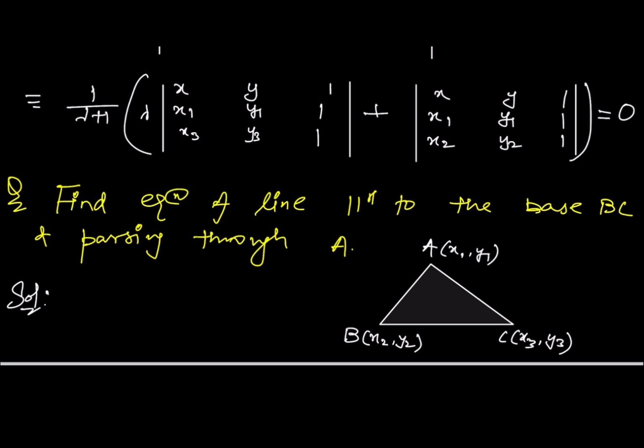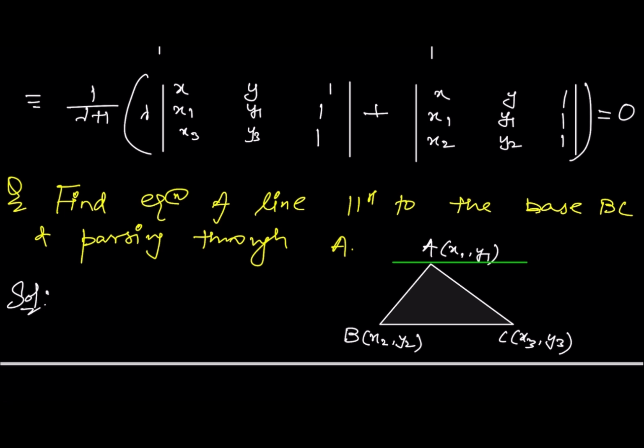Now we have to find the equation of the line which is parallel to BC and passing through A. I need two points, because using two points I can always find the equation of a line. So how can I find the other point?